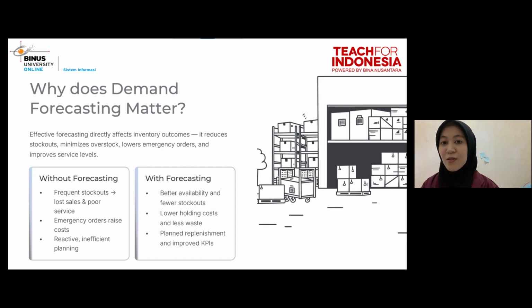By estimating future demand, companies can prepare inventory more accurately, reduce emergency purchases, lower holding costs, and improve service levels. In short, forecasting helps organizations make proactive decisions instead of reactive ones. To see why forecasting is so important, let's look at a real-world example on the next slide.